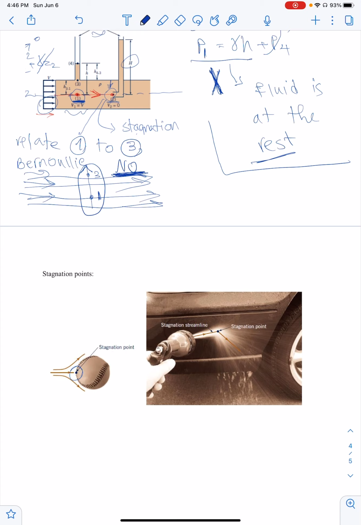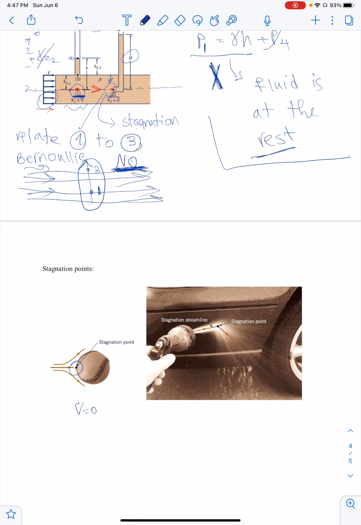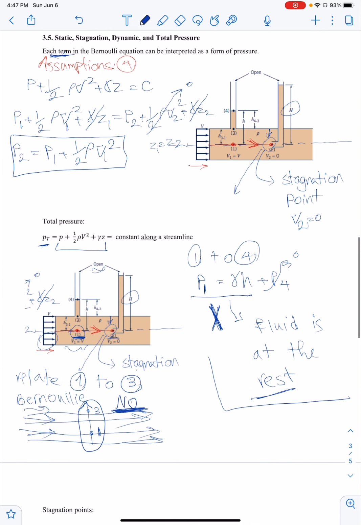It depends on the shape, for example, if it's symmetric or not. But it always has a velocity of 0 at that stagnation point. So in the next video, I'm going to solve some questions applying Bernoulli's equation, so you can learn how to use and apply it.